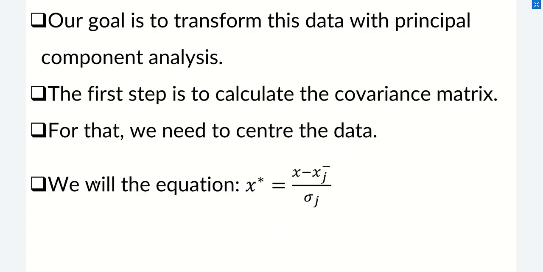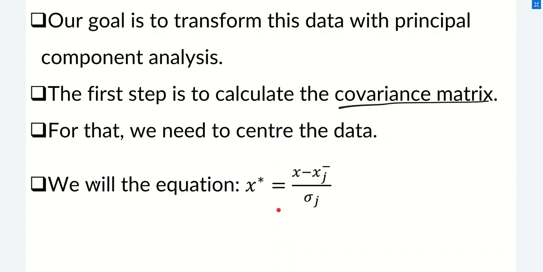Let's start. We are going to use PCA. The first thing is to transform this data with our principal component analysis. So we need to calculate the covariance matrix. And as I said, for the covariance matrix, all we need is to find a way to remove all the dependent features so that we have all the independent features to work with.